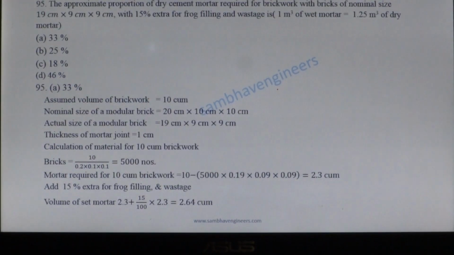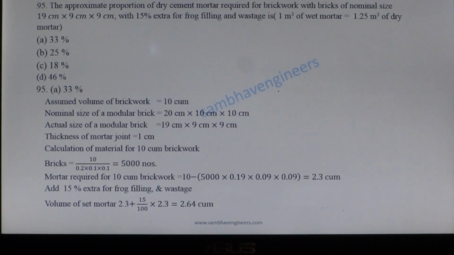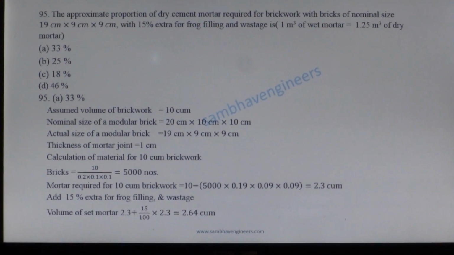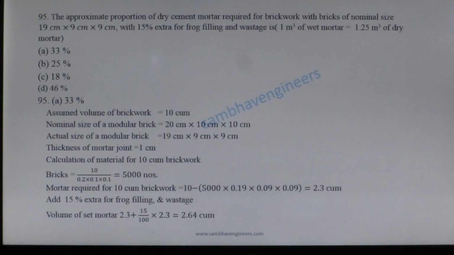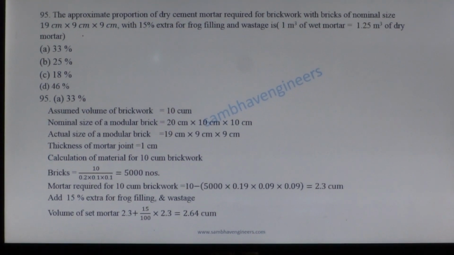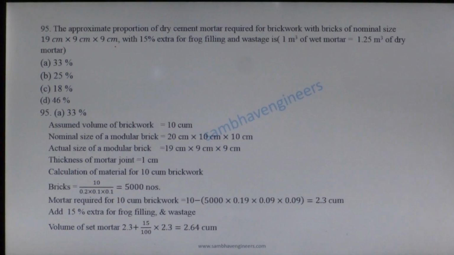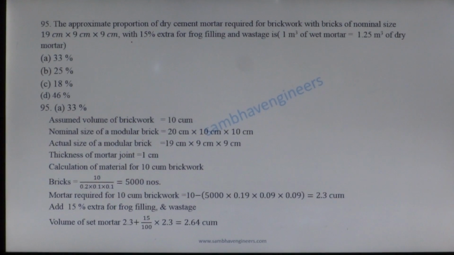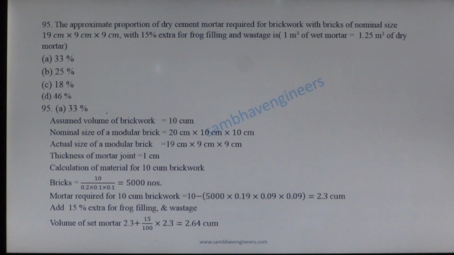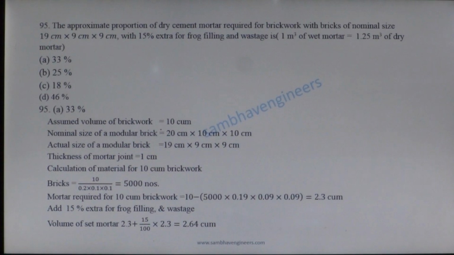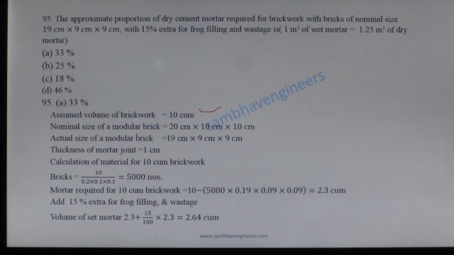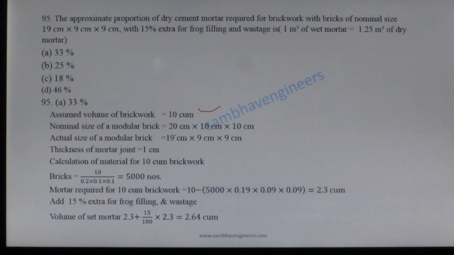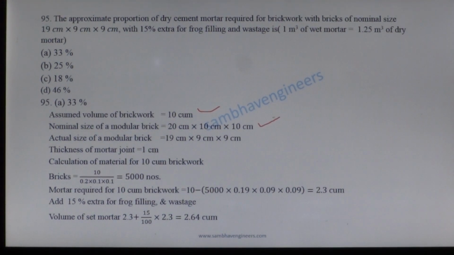The approximate proportion of dry cement mortar required for brickwork with bricks of nominal size 19 centimeter by 9 centimeter by 9 centimeter. Assume volume of the brickwork 10 cubic meter. Nominal size of the modular brick is 20 by 10 by 10 centimeter.